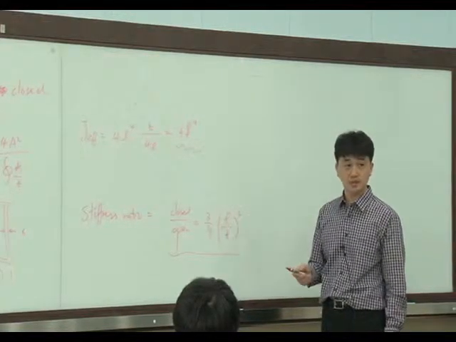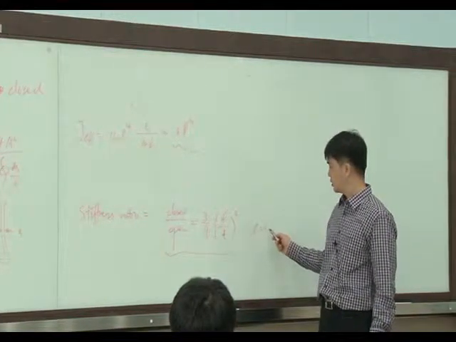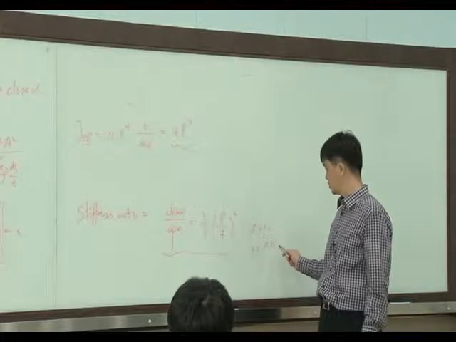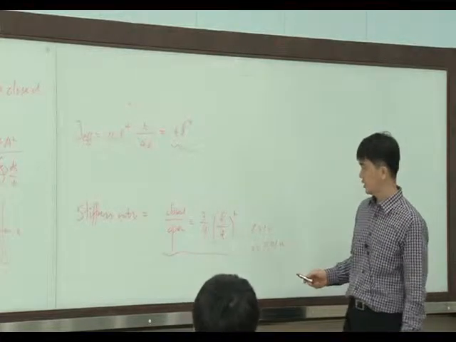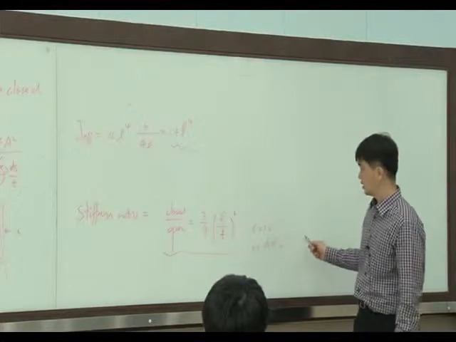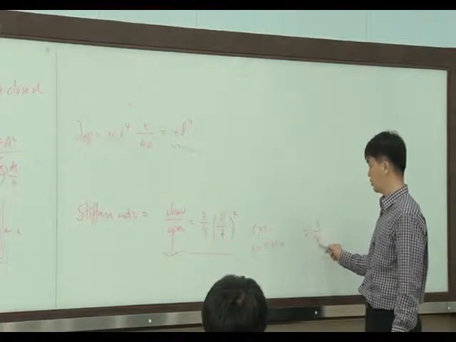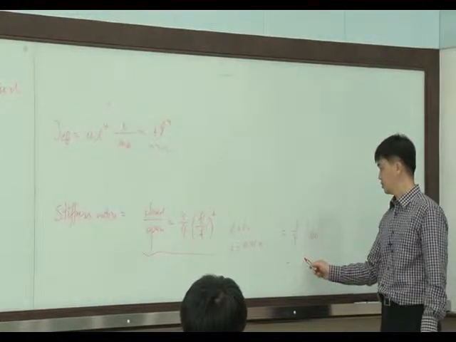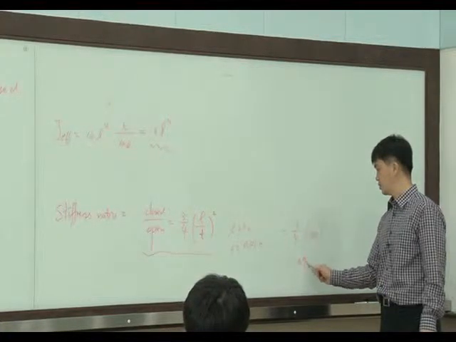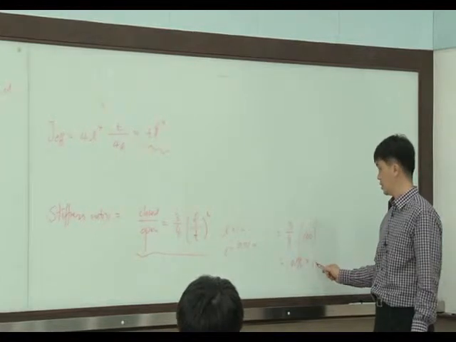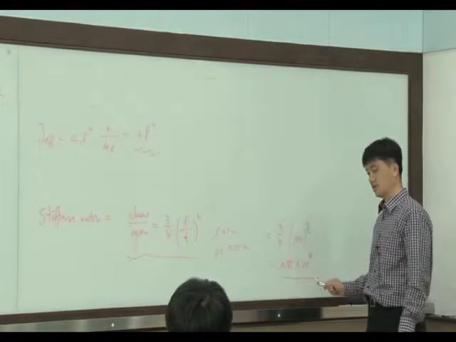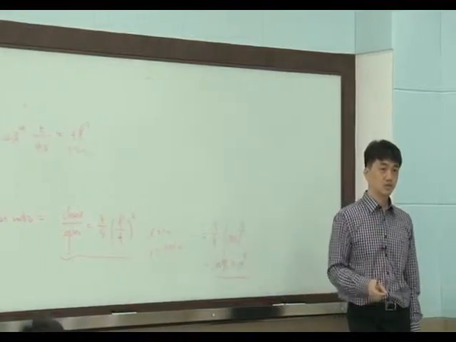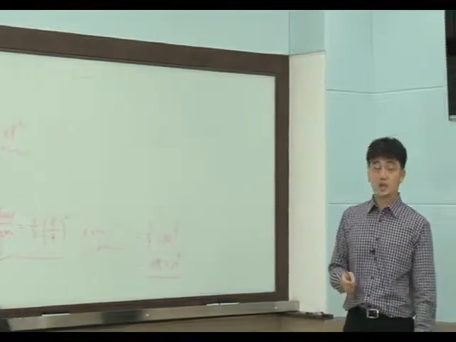For example, L equals 1 meter and T equals 0.01 meter, so 1 centimeter. Then the ratio becomes one third times 1 over 100 squared. Very, very much more effective, right? So it's very important to know that.